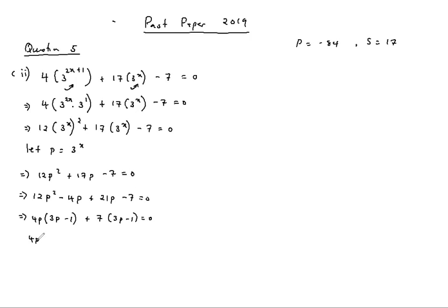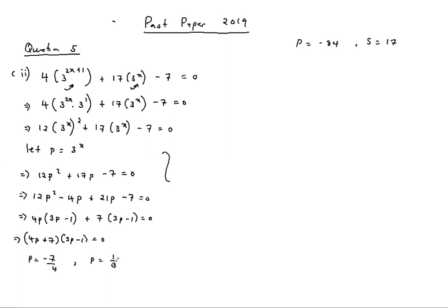So you get 4p plus 7 and 3p minus 1 is 0. So that p is negative 7 over 4, or p is 1 over 3. Remember what our p is? Our p is 3 to the power x.